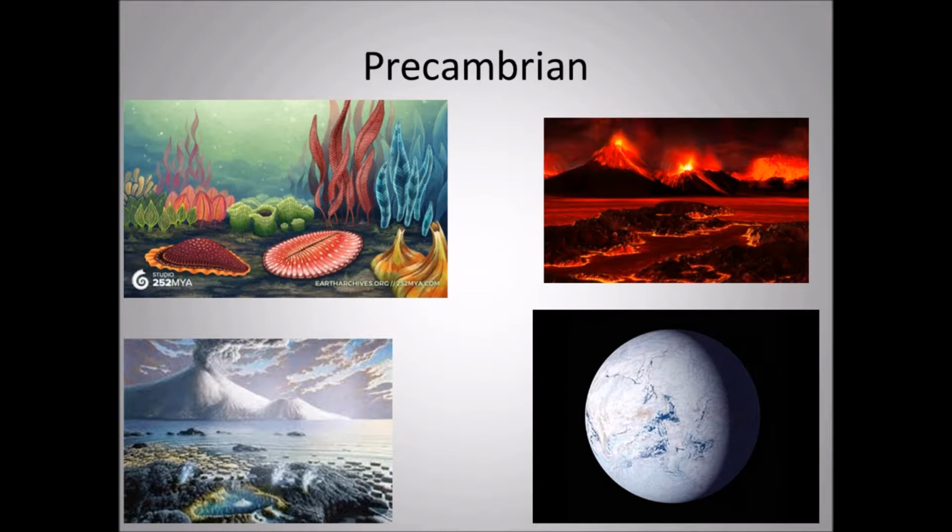But anyway, when the Earth started, it was very volcanic. In the picture in the upper right corner, you can see a bunch of volcanoes, and that's what Earth looked like back then. There was no oxygen and not too much of an atmosphere yet, and this is why the volcanoes were there, to build up an atmosphere.